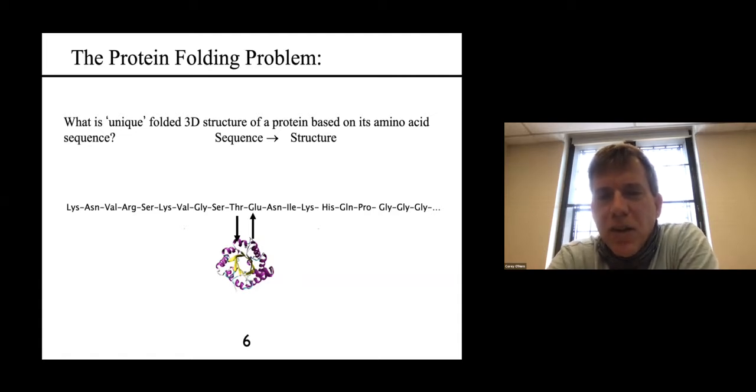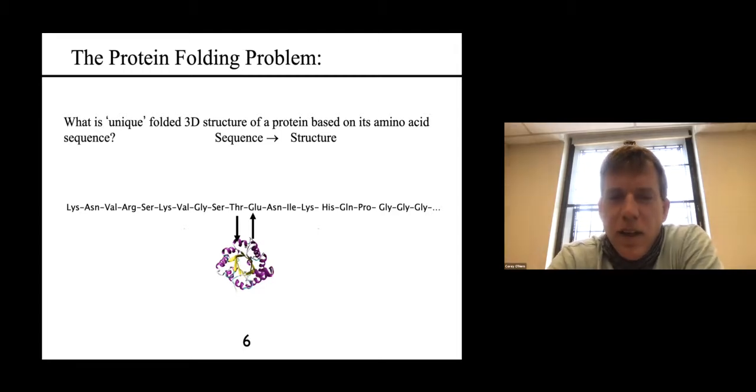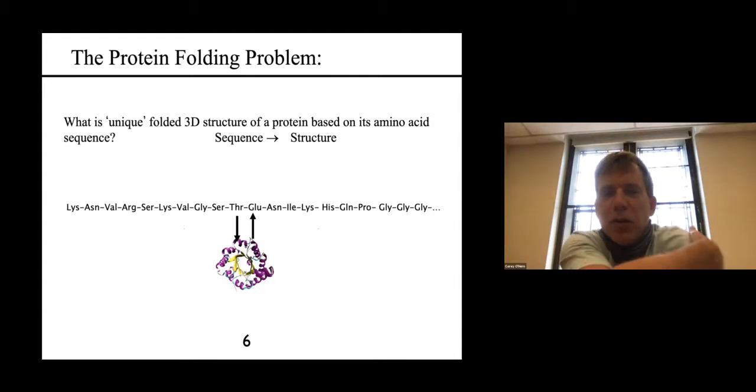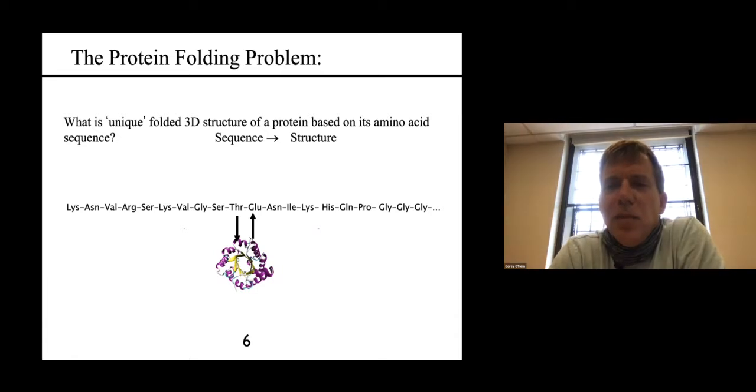They most likely take on sequences that, through evolutionary processes, are foldable into particular structures that are associated with function. So there's this thought that sequences are not random, but if I do have a particular sequence, what is the structure associated with that unique sequence? So the protein folding problem is what unique folded 3D structure of a protein is determined by that particular sequence.